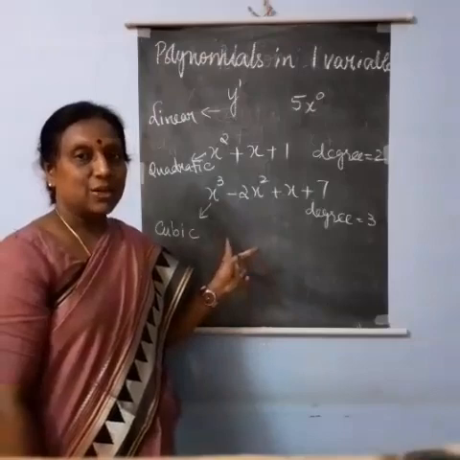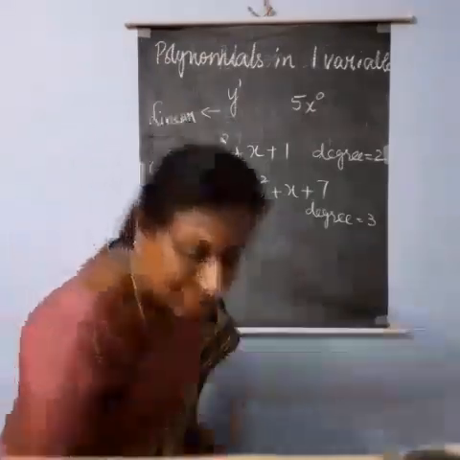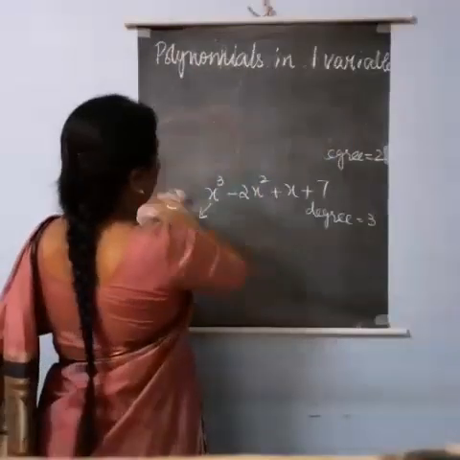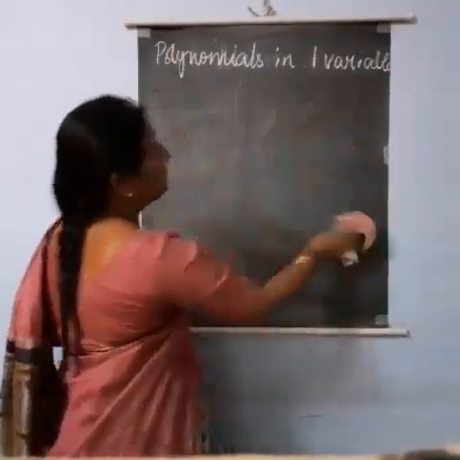Have you understood? Okay. Now, let us go to the general form of a polynomial in one variable.